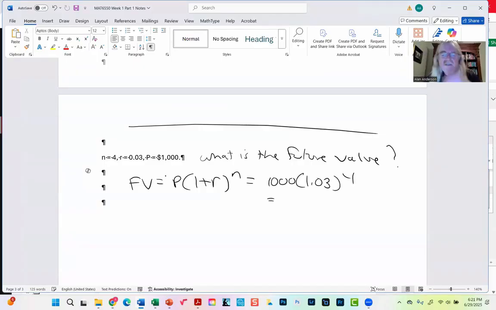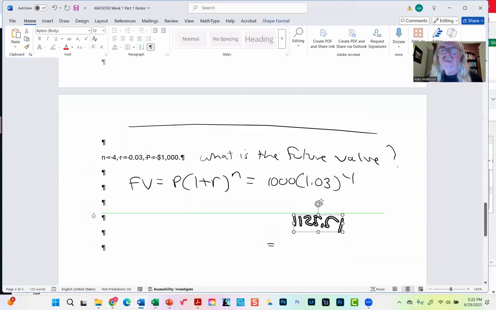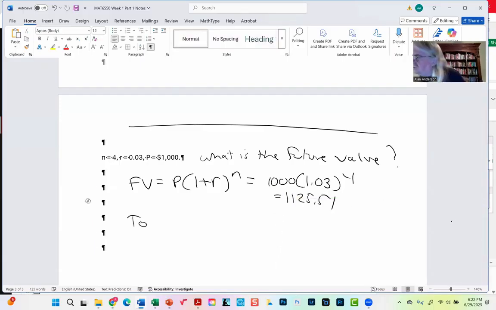So you can take out your calculator and solve for that directly. And you'll get, yes, 1125.51. Now, of course, obviously, the last 125.51 is your total interest. That's the easy part. So the total interest, it's going to be the future value minus the principal.